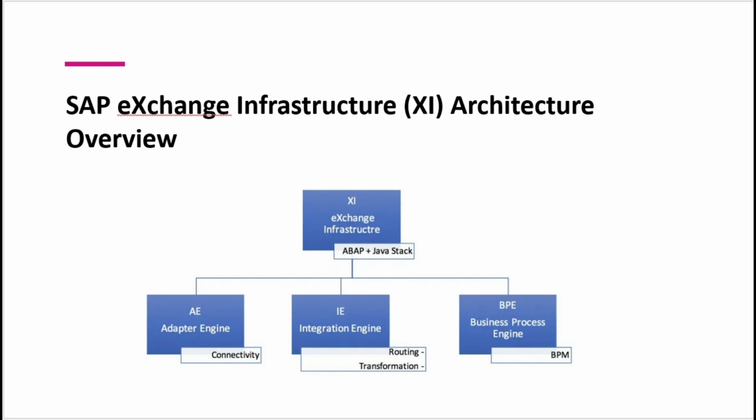At runtime, heavy message processing was done in the IE, and each message was routed and transformed by that component. The BPE, business process engine, executes cross-component business process management workflows. It is based on BPEL, business process execution language, and requires the dual stack installation in the runtime environment.